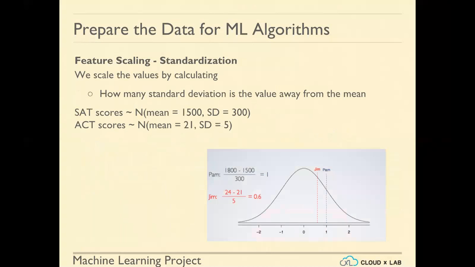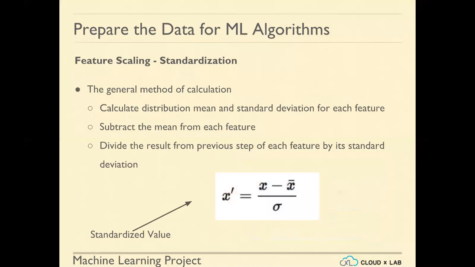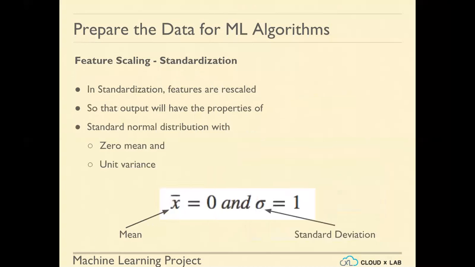What we do is compute how much a value is away from the mean, meaning how many standard deviations it is away. So first we compute the standard deviation. Standard deviation is basically how much the data is varying, and we subtract the mean from each value and divide every difference by the standard deviation. So we compute the mean, we compute the standard deviation, and then we subtract.